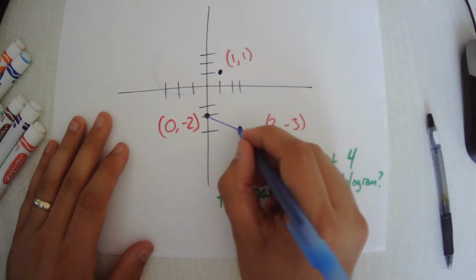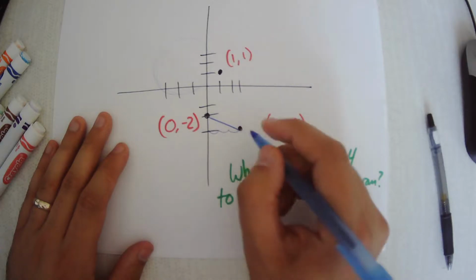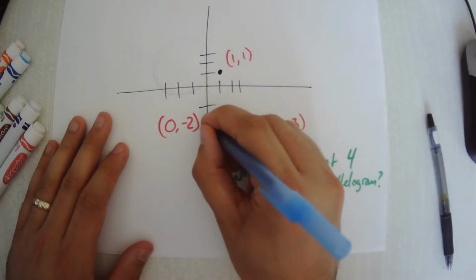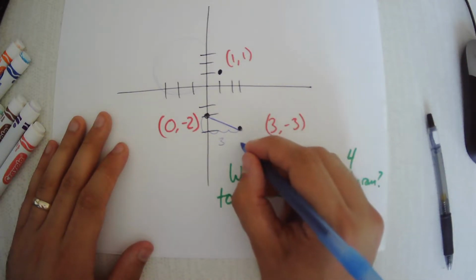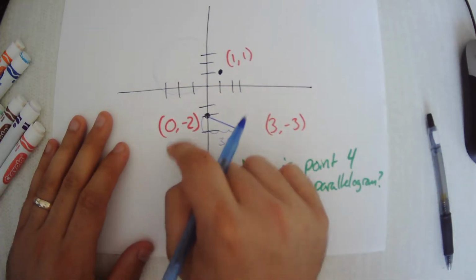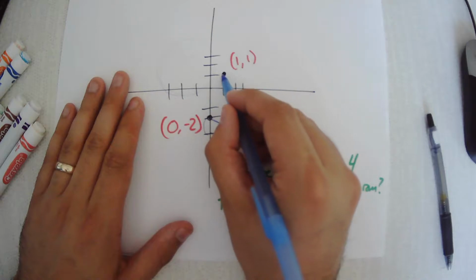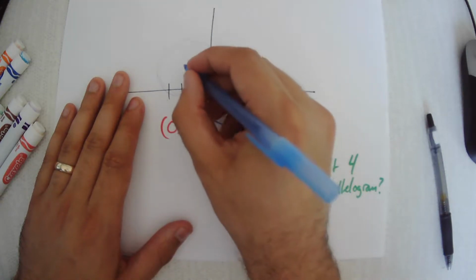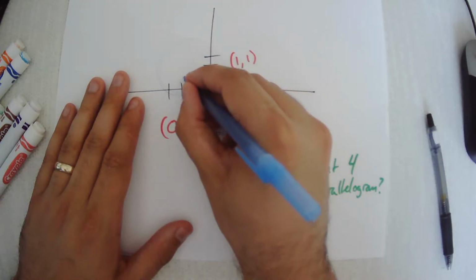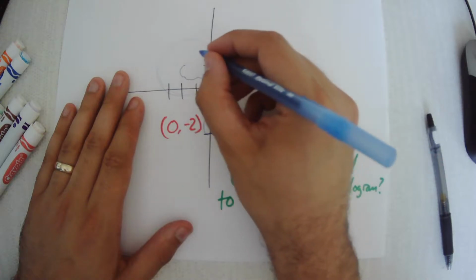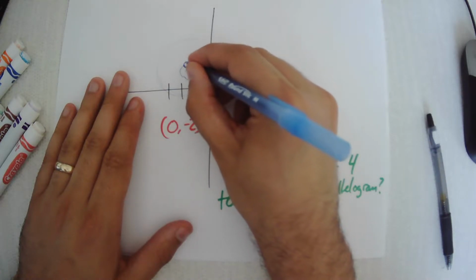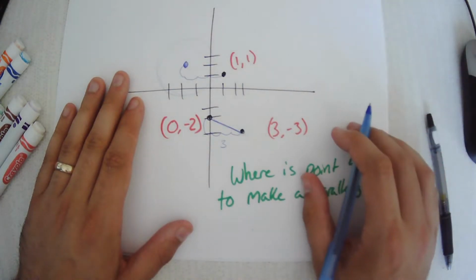Well, I went left 3 and up 1. I could do that exact same thing to construct this. So that'd be 1, 2, 3, and then up 1. That means that point right there should be my final one.